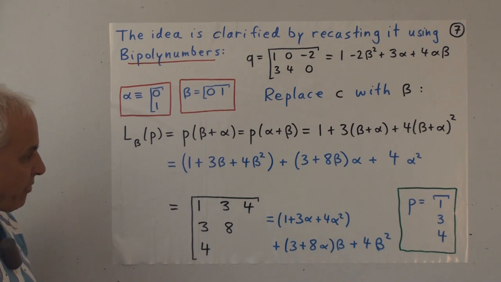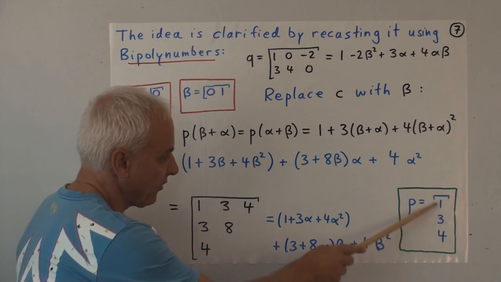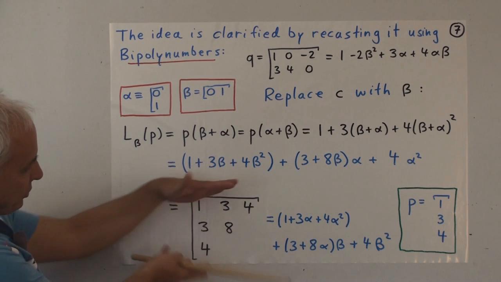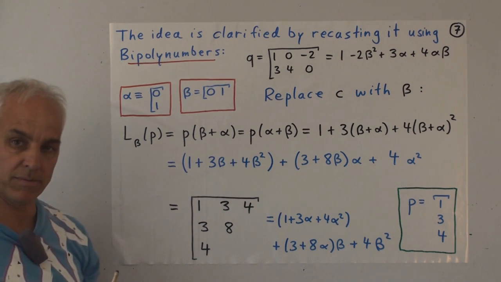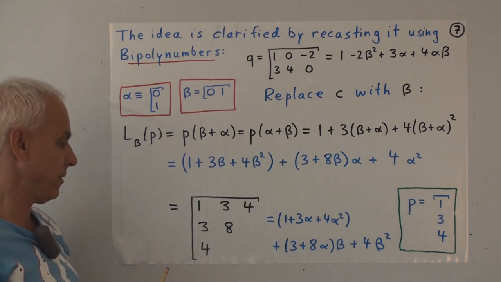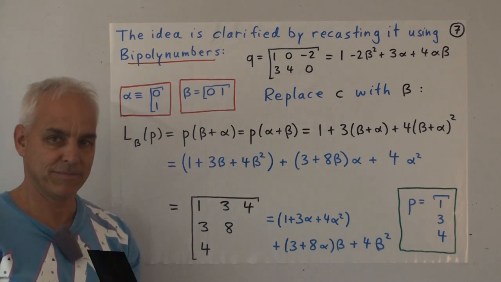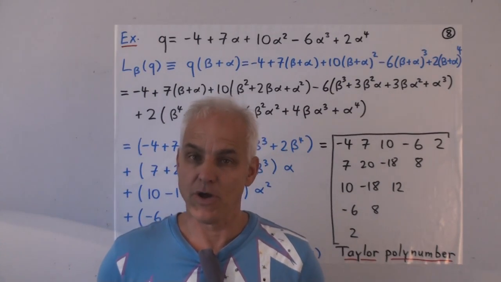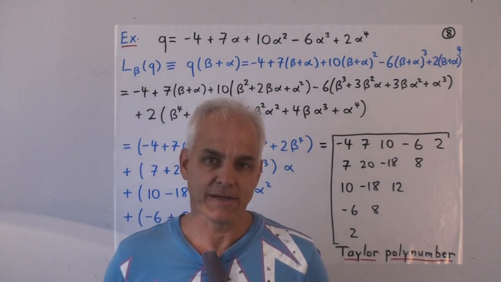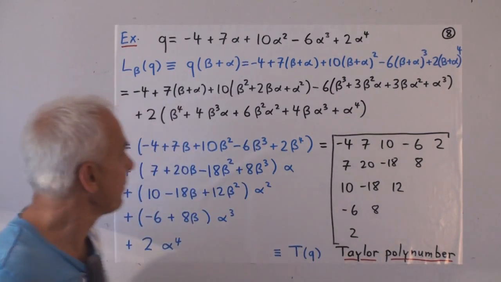But it's a very interesting operation to start with this polynumber and end up producing this little table, this array, this bipolynumber. To get a better sense of what's going on, let's have a look at a slightly bigger example.